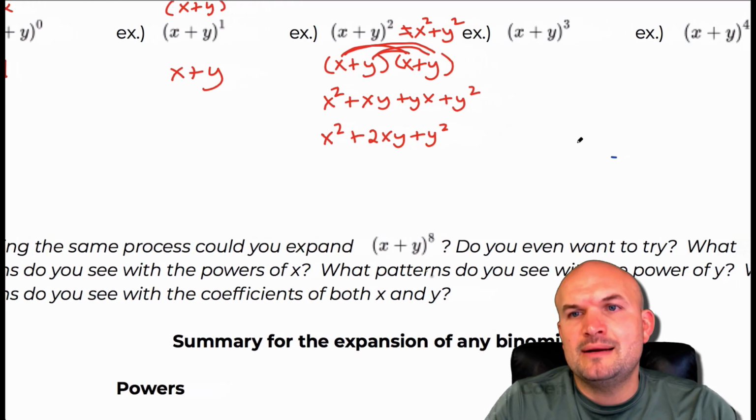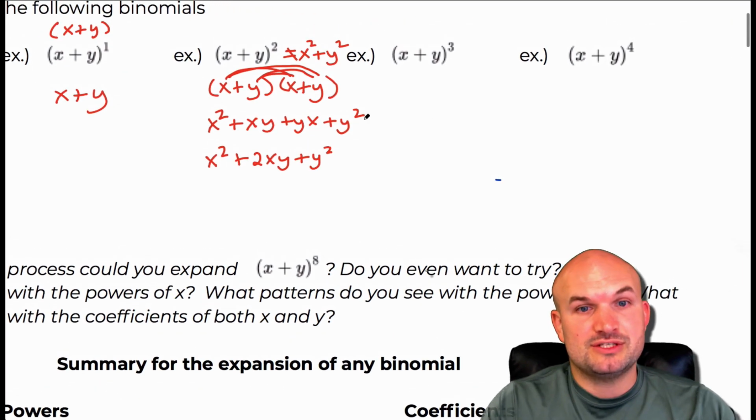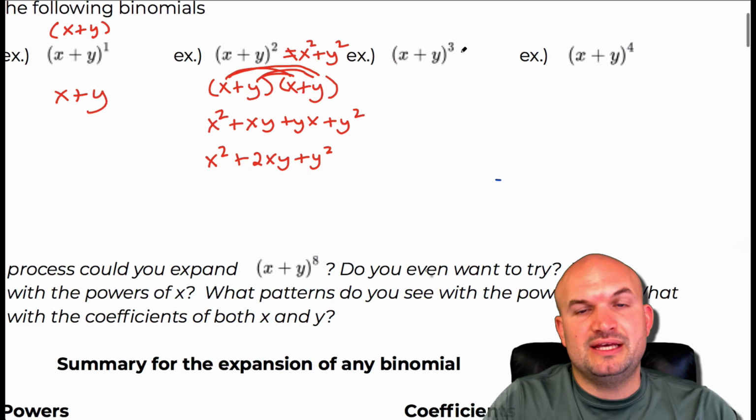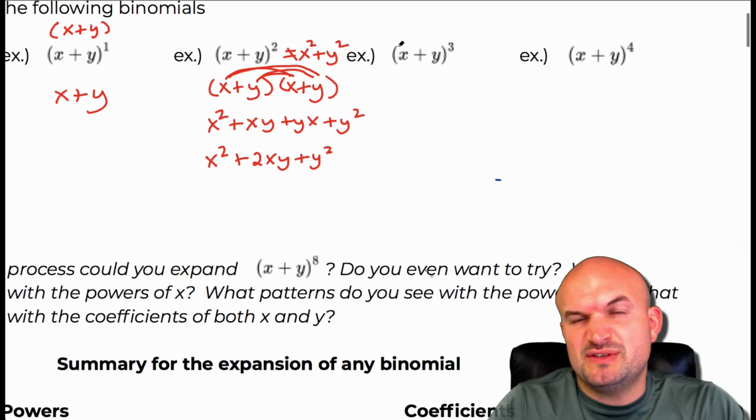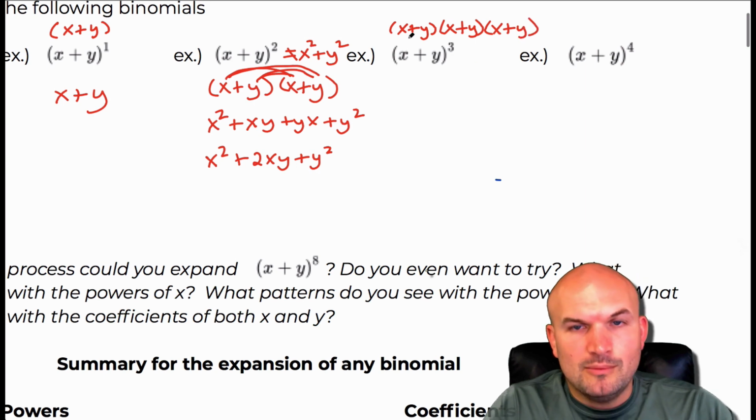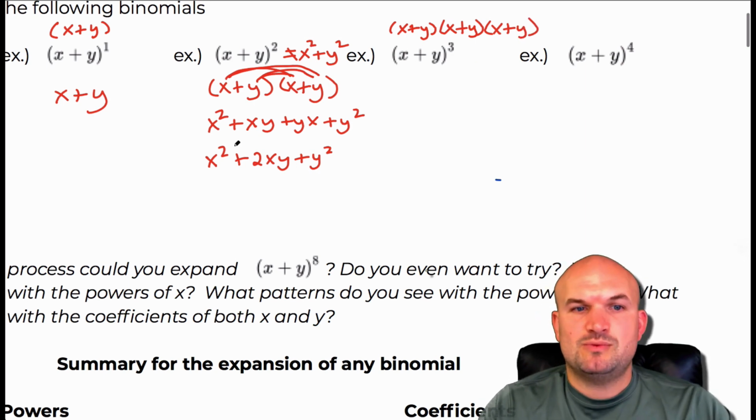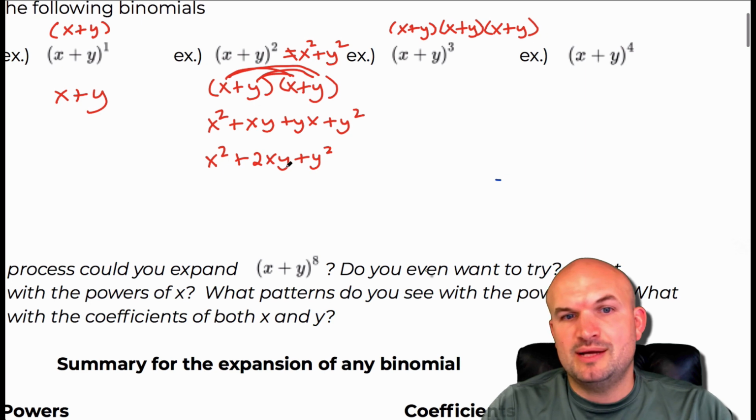Okay. Now let's get into one with a cube. There are a couple of different ways to think about this. You could write this as x plus y times x plus y times x plus y. Well, we already know what x plus y times x plus y is. That's x squared plus 2xy plus y squared.